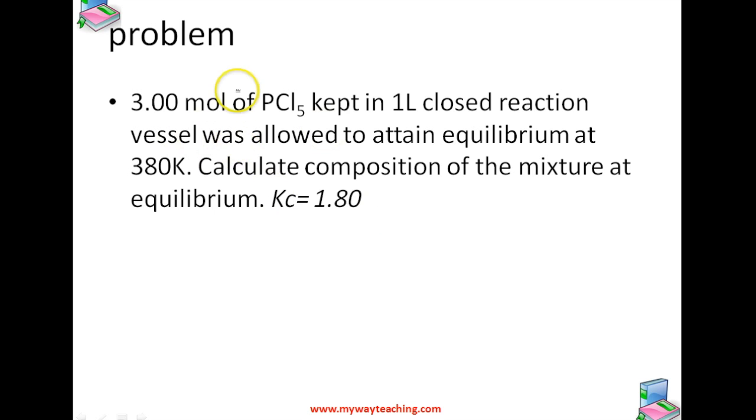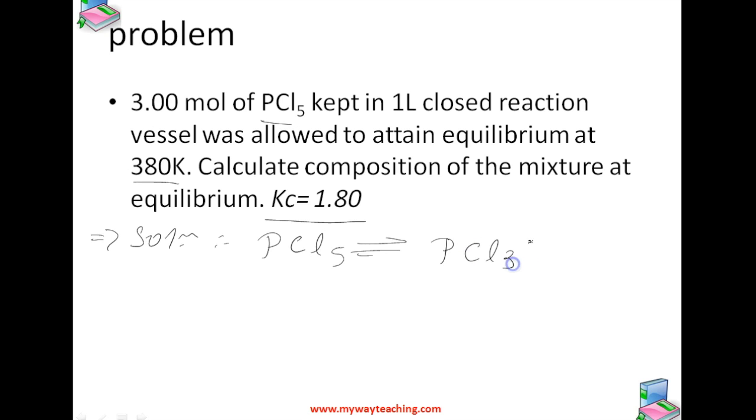problem. 3 mole of PCl5 kept in 1 liter closed reaction vessel was allowed to attain the equilibrium at 380 Kelvin. Calculate the composition of the mixture at equilibrium. Kc is equal to 1.80. So consider this solution. PCl5, I am writing the balanced chemical equation: PCl5 ⇌ PCl3 plus Cl2.